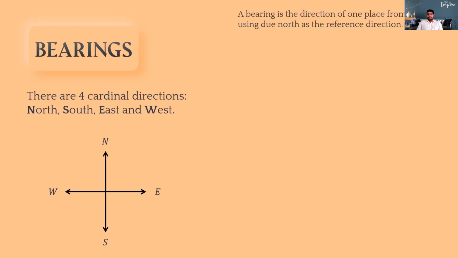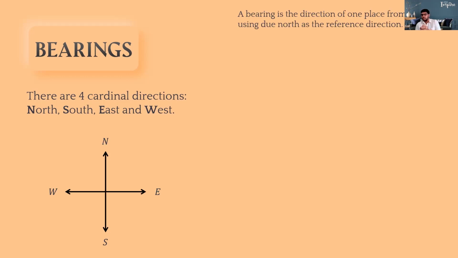Now children, when we talk about bearings, this is what we mean. A bearing is the direction of one place from another using due north as the reference direction. So children, when we describe a bearing, we use north as the reference and we give the angle of one place from another, right?